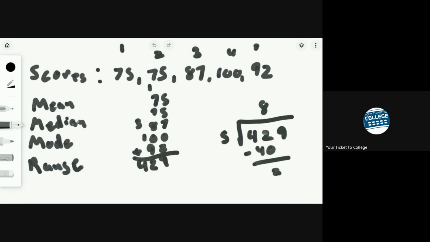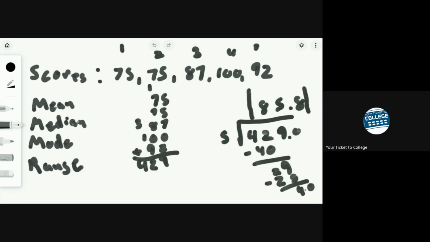Bring that into 2, 9. 5 goes into 29 5 times. Minus 25. 4.0. 5 goes into 40 8 times. So on average, this class scored an 85.8 on the test they were given.